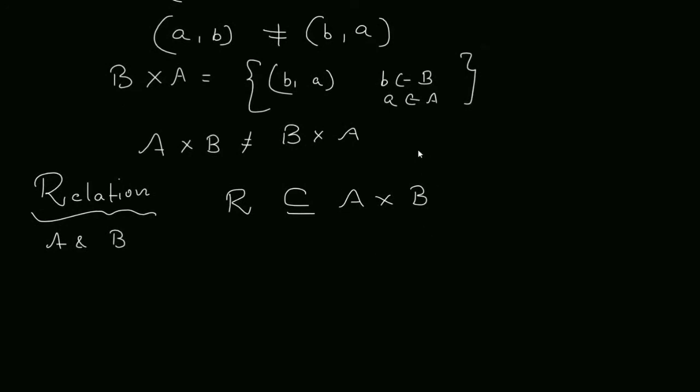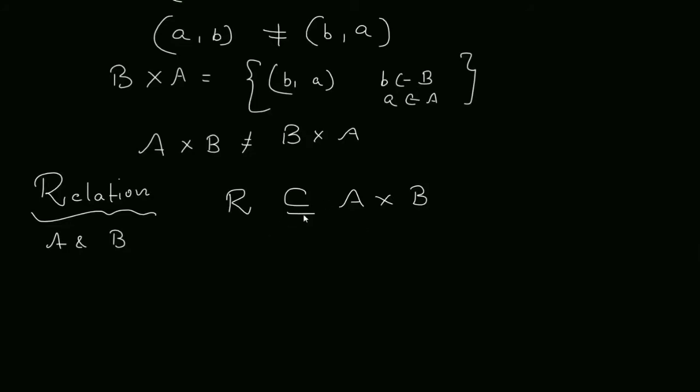Set of all possible ordered pairs. So relation is a subset of that. It can be the full set A cross B or a part of it. So relation is a subset of A cross B.